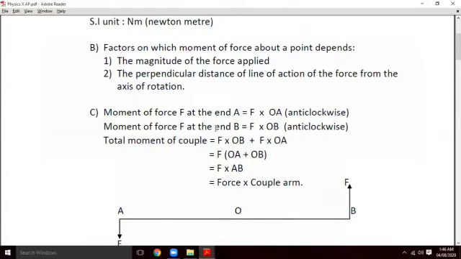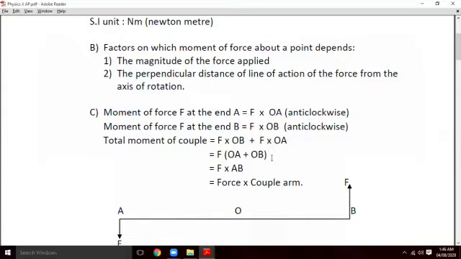Moment of force at the B end is F into the perpendicular distance from the point of application of force to the axis of rotation. Total moment of force or total moment of couple will be F into this distance and F into this distance, which is F into OB plus F into OA.